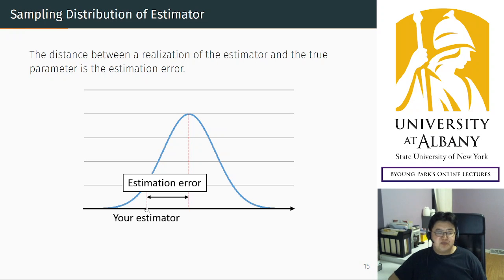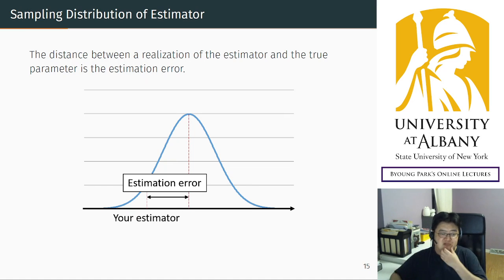So for example, suppose that your estimator happens to be here. Your estimator is realized at this point. Your true parameter is here, your estimator is here. So the distance is the estimation error, right?